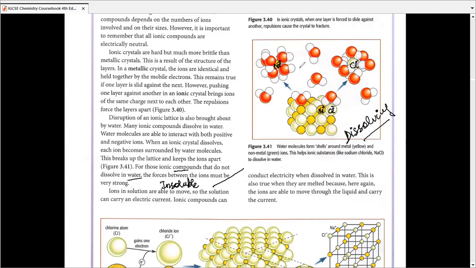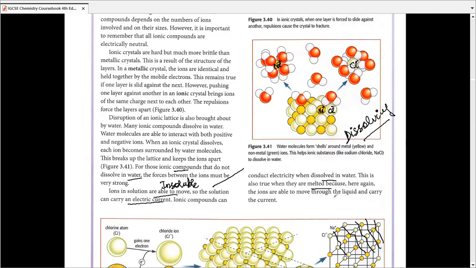Good. The last point we have is that when water is capable of breaking the lattice apart and dissolving the ions, converting them into positive and negative ions separately, the ions can flow along with water molecules. When the ions can flow and are able to move, they can carry the electric current, and hence salt becomes a conductor when dissolved in water. The same is true when it is melted, because as soon as we melt a salt, we break the entire lattice up into positive and negative ions, making them free to move.